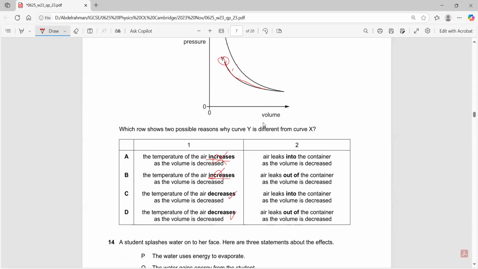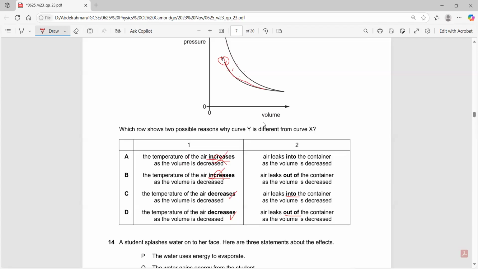Air leaks into the container or out of the container. Would the air be leaked into the container or out of the container? If you leak air into the container, you'd have more air molecules, and these extra air molecules would increase the pressure.